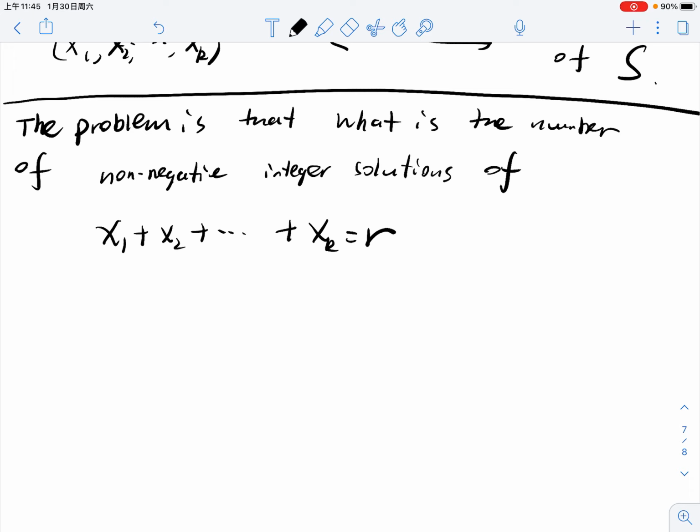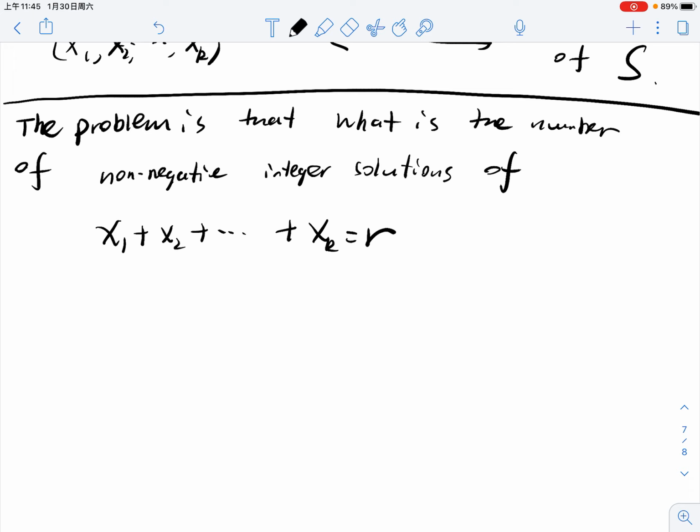Note that usually if we have a linear equation with 3 variables, we need 3 equations to determine a solution. Without knowing that, you have infinitely many solutions. But now we want integer solutions. And with the non-negative condition, you only have finitely many solutions instead of infinitely many.